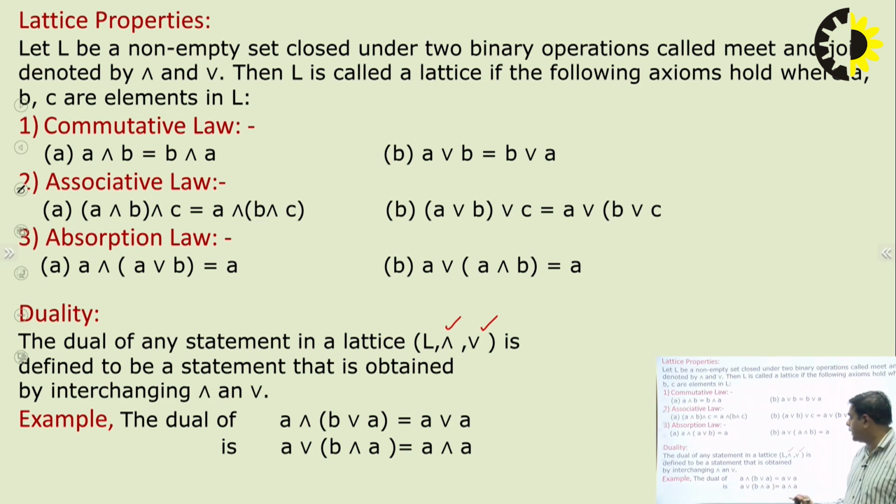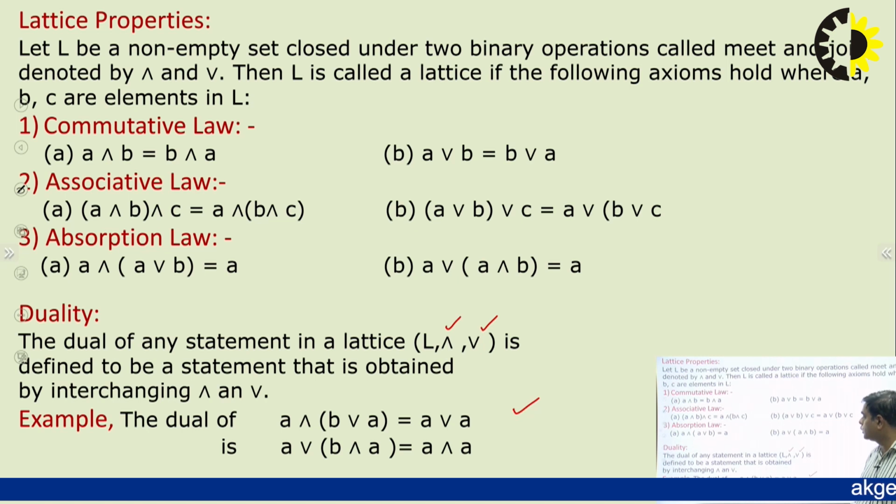If there exists any identity or any lattice and you have to find the dual, you change the LUB into GLB and GLB into LUB. Then if this structure is a lattice, its dual will also be a lattice, and it will be the same. If this is the identity, the left hand side will be the right hand side.